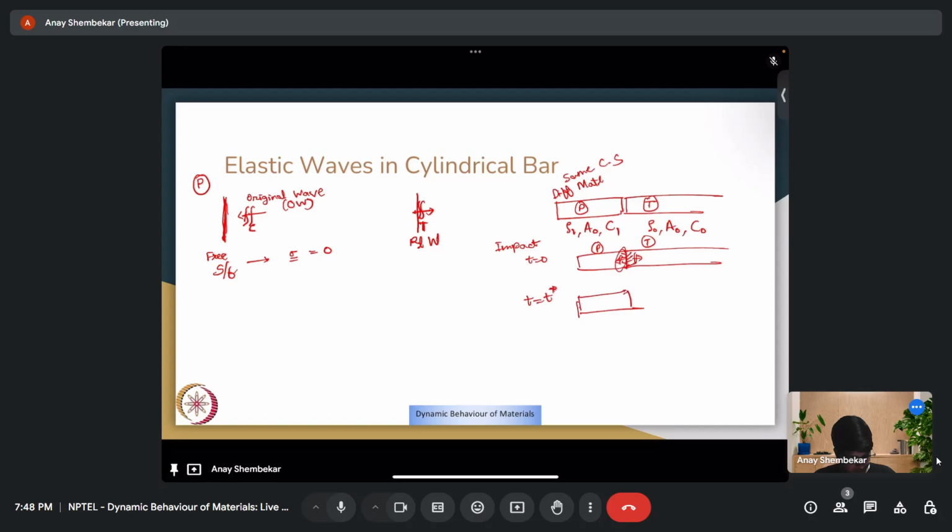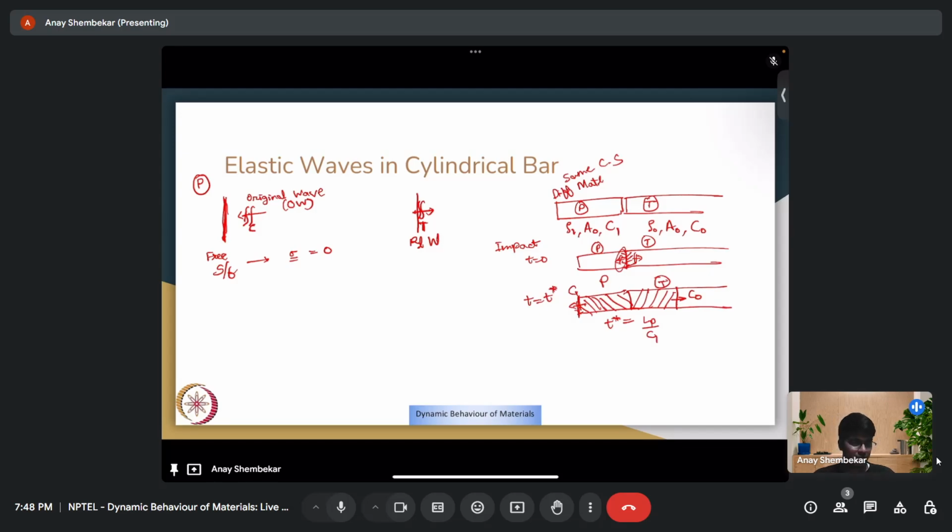So you would have target T, projectile P. The compressive wave has already reached the free surface, and simultaneously some distance will be covered by the elastic waves at C naught. This is C1. So the time taken, T star, would be LP, the length of the projectile, upon the speed of wave inside the projectile.